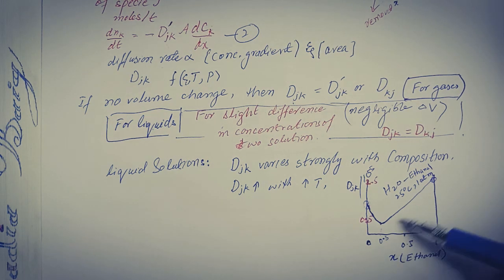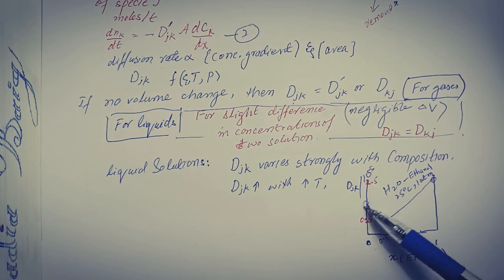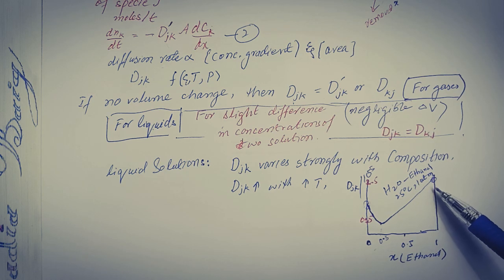So from this plot we can see that the value of the diffusion coefficient does depend on the ratio of the mole fractions of the two components, that is water and ethanol. These values at extremes are known as diffusion coefficient at infinite dilution.